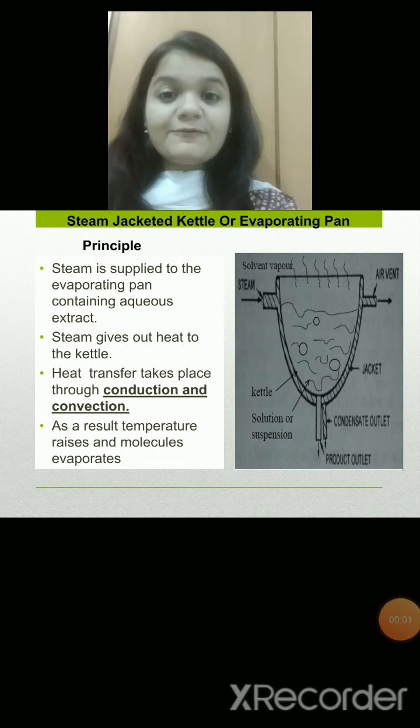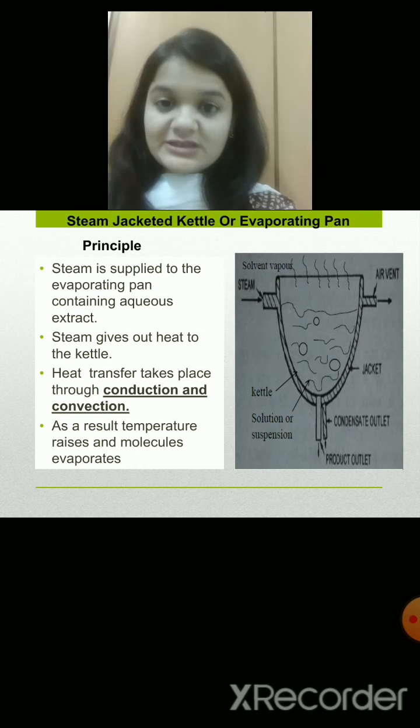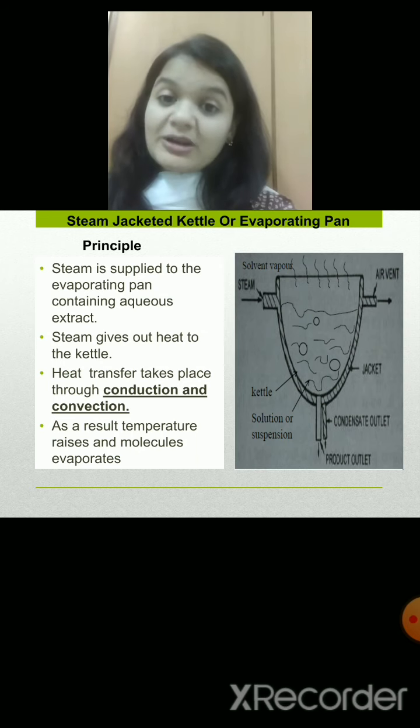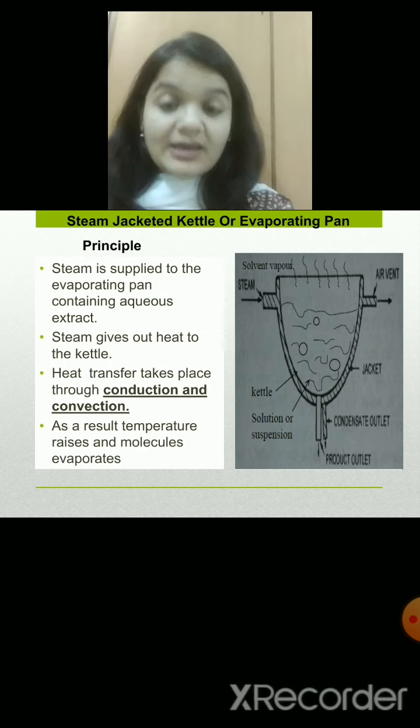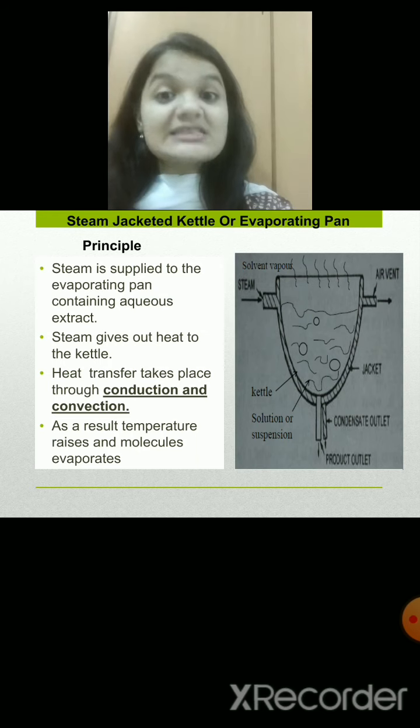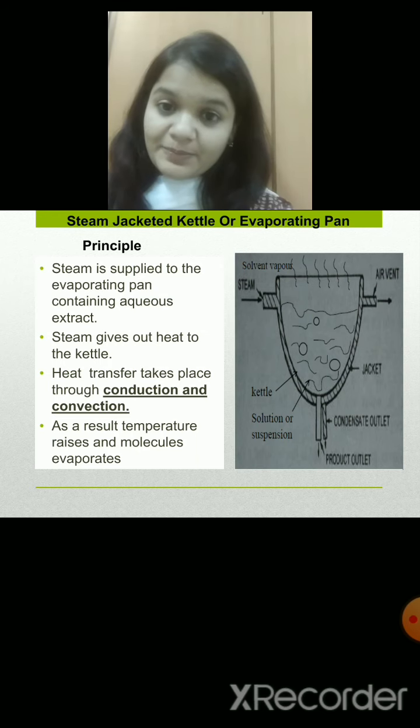Now, we will be learning about different evaporators. First one is the steam jacketed kettle or evaporating pan. It is similar to the cooking pan, in which we use a direct heating flame, but in this we will be using steam to supply heat.